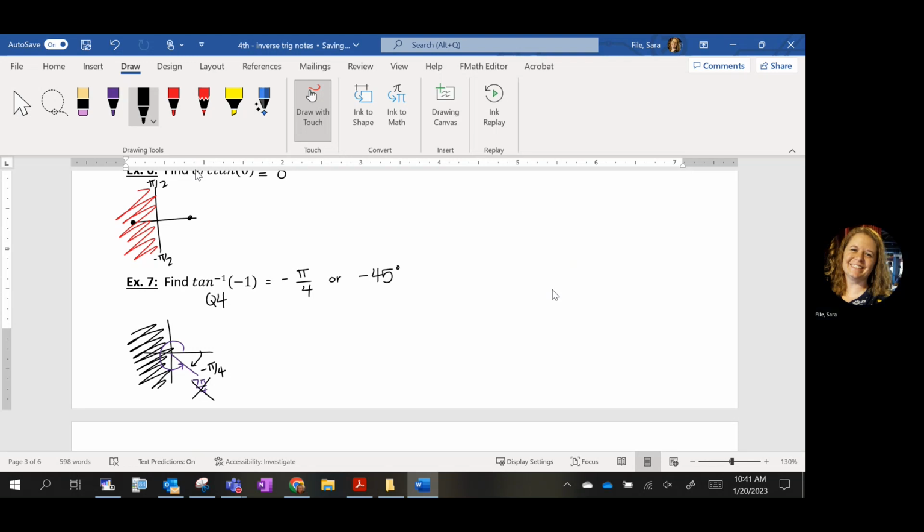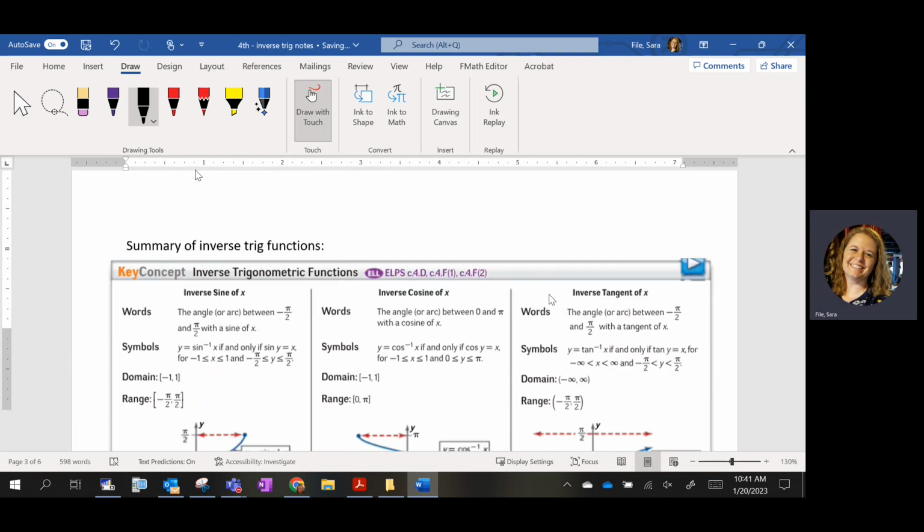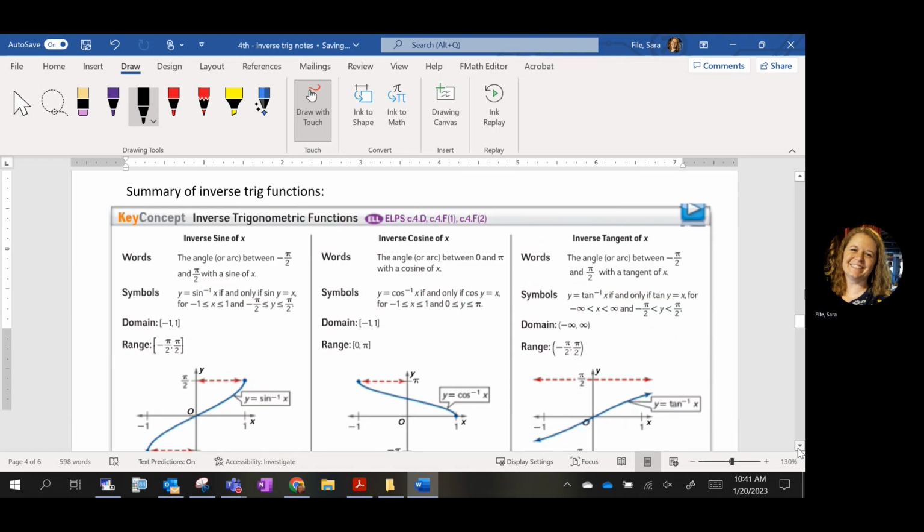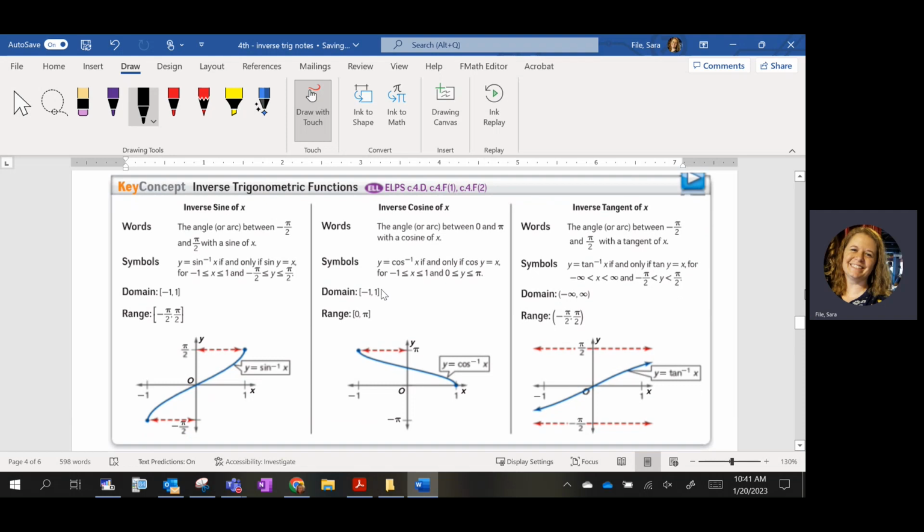Okay. So here is a summary of everything that we talked about today, all side by side. I think I used pink for sine. So for inverse sine, your solutions have to be between negative π/2 and π/2.